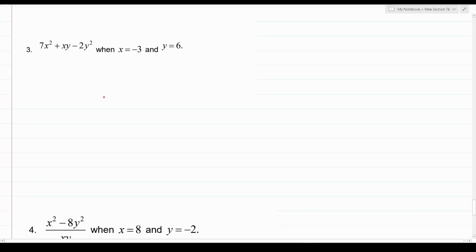All right, let's take a look at this next one now. Again, we're evaluating the expression when x is negative 3 and y is 6. And we can see our expression is 7x squared plus xy minus 2y squared. And again, we're told x is negative 3 and y is 6.